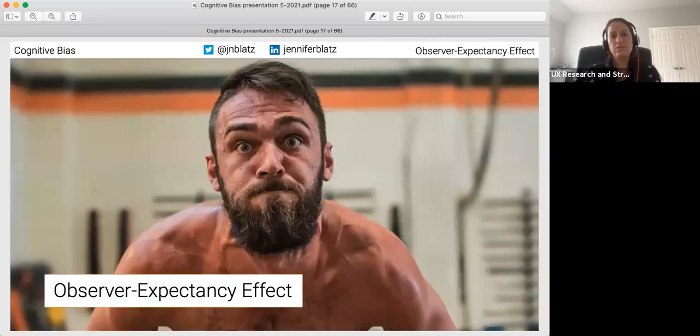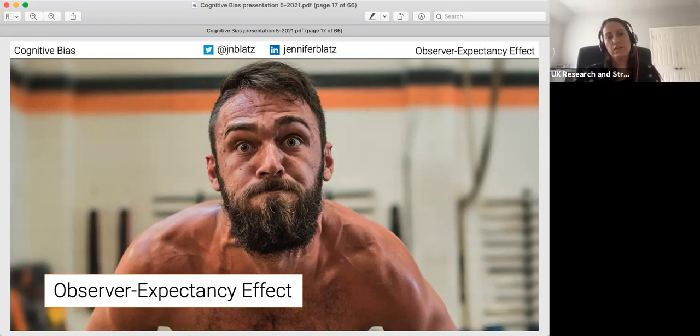Okay, so let's go one level deeper than the experimenter bias and talk about the observer expectancy effect. Think about what I just told you in that story where they were like, "Are you sure that's what really happened?" Think about how that behavior affected the participant the rest of that interview. Yeah, I can assure you that it did.